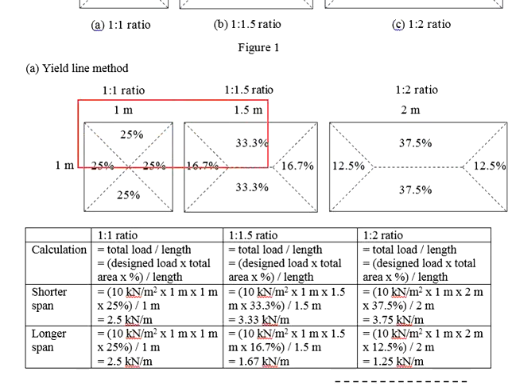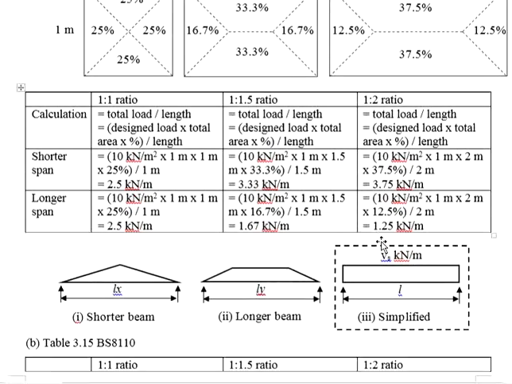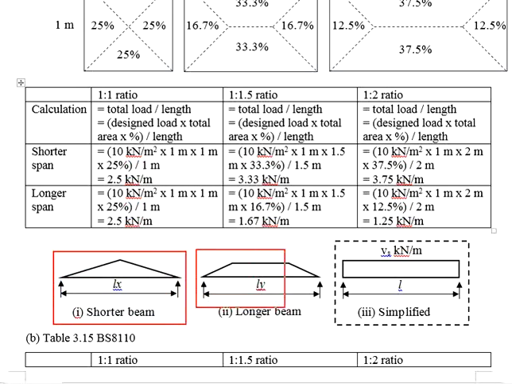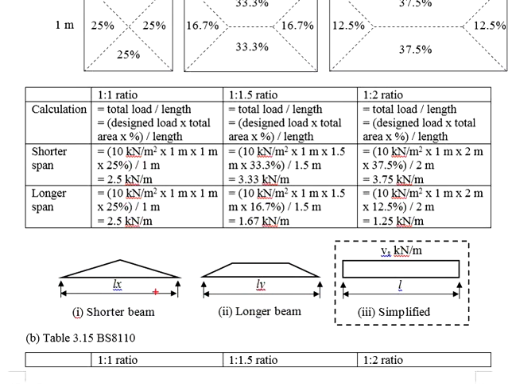Now, based on the areas distributed here, we can assume that the loads acting onto the beam will end up to be something like this. This represents the loads acting onto the beam with the triangle area, and this represents the loads acting onto the beam due to the trapezoid areas.